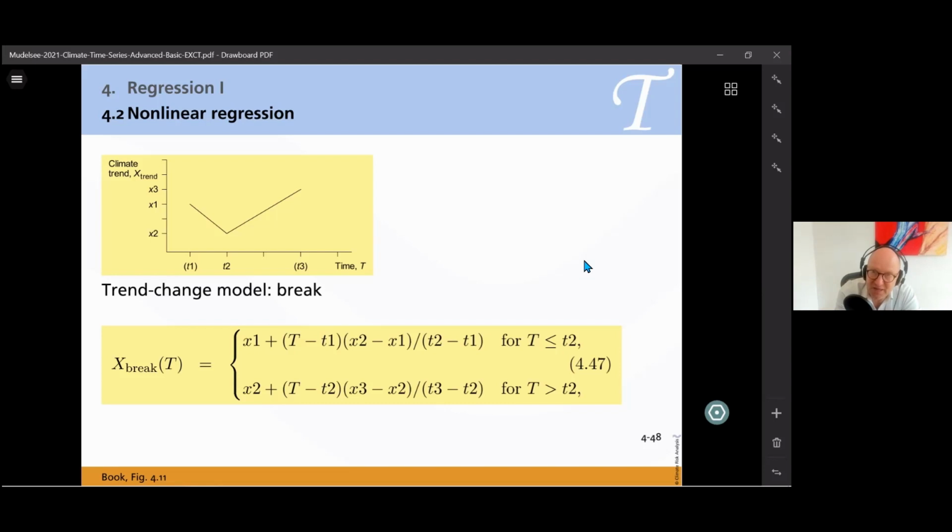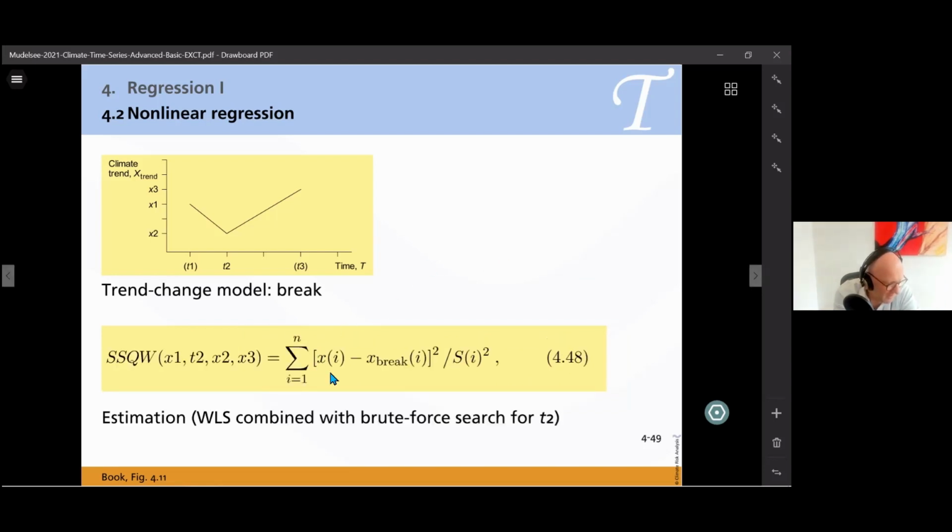4 parameters to be estimated. And we use again a weighted least squares estimation. That means data minus fit, squared, summed, weighted. This should be minimized. It depends on 4 parameters. x1, x2, x3, this we get via the derivative, okay? We can take the derivative with respect to x1, x2, x3, and then set it equal to 0.